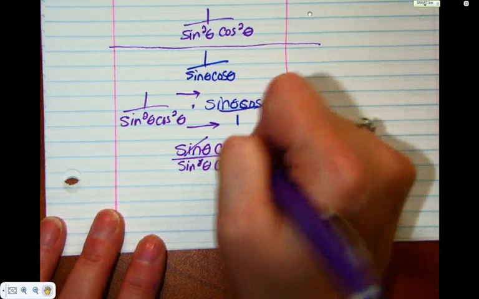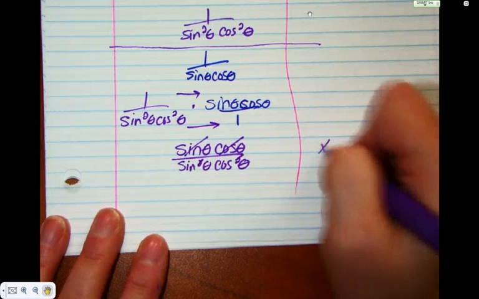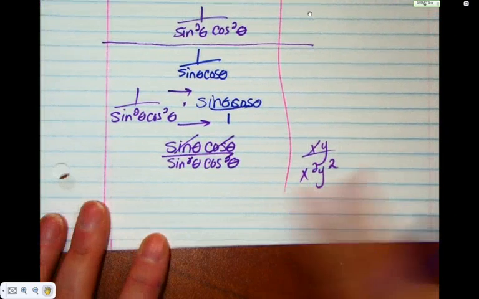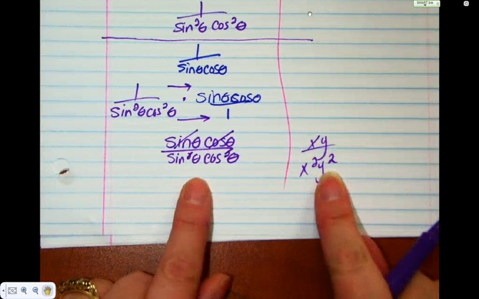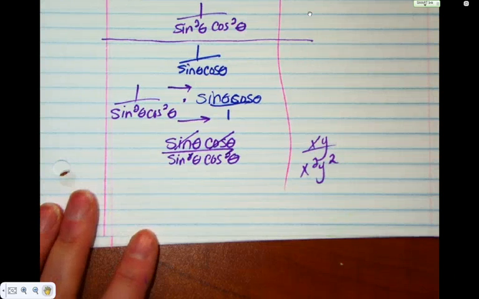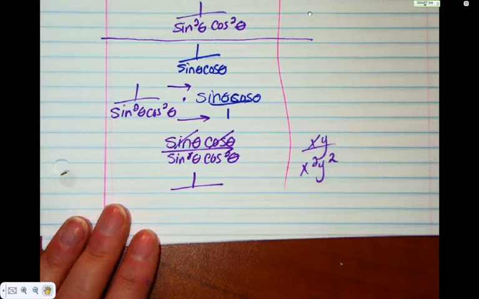And I can cancel the cos on the top with the cos squared on the bottom. So this is identical to xy over x squared y squared. Okay, so just like in grade 9 when we simplified this, we're doing the exact same thing. So what is left on the top if I cancel the sine and a cos? 1. And what's left on the bottom if I cancel out the squareds?